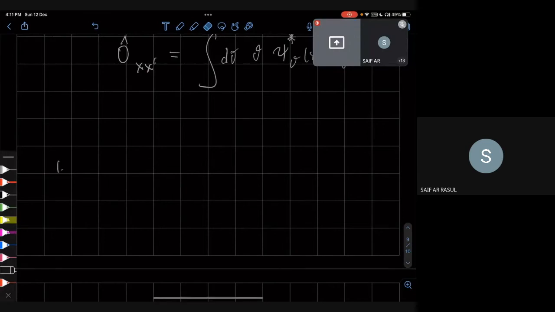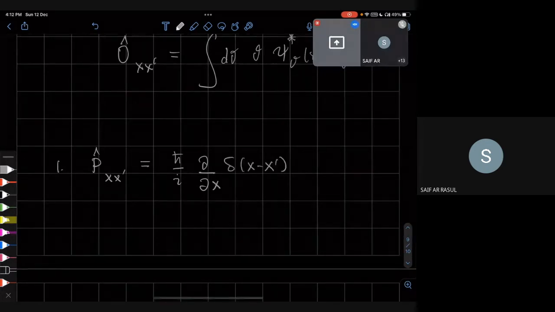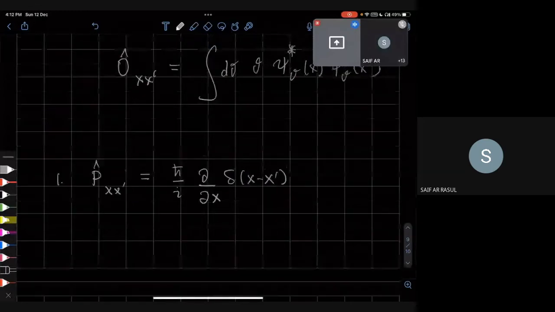Let's look at the momentum operator. For the momentum operator, the x x prime element is going to be h bar by i, in one dimension, the derivative with respect to x acting on the delta function of x minus x prime.